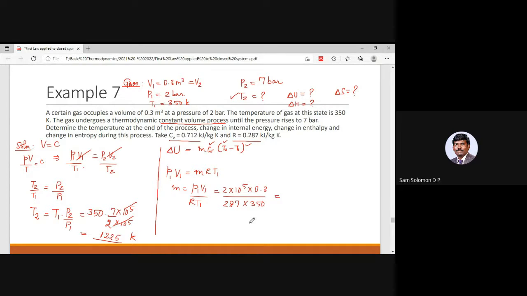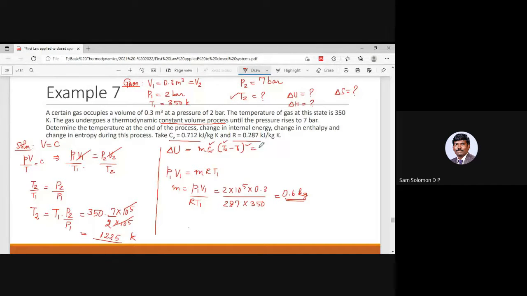Substituting in the calculator, 2 into 10 to the power 5 multiplied by 0.3 divided by 287 and divided by 350, you get 0.597, and I can take this as 0.6 kilogram. 0.6 kilogram is the mass.